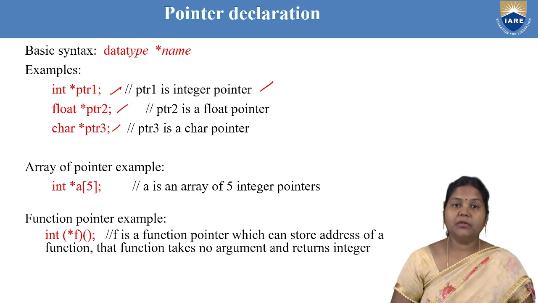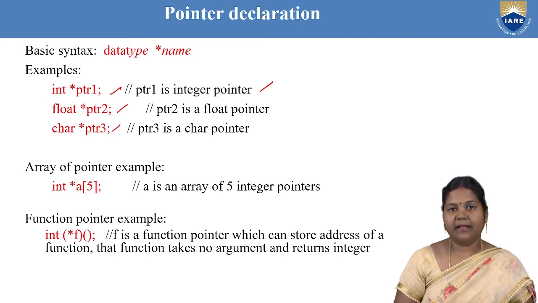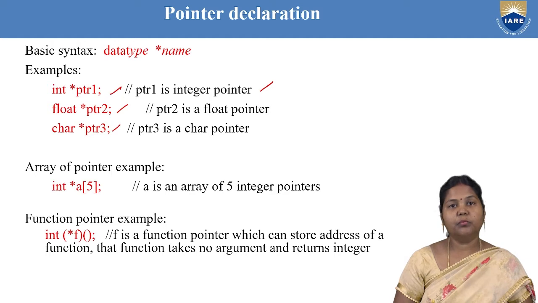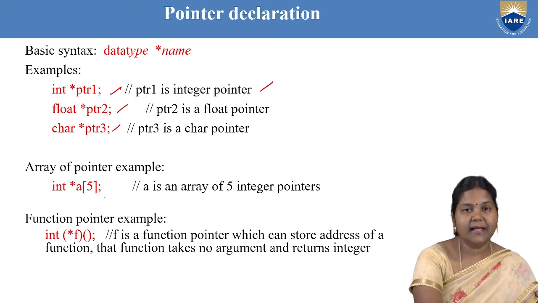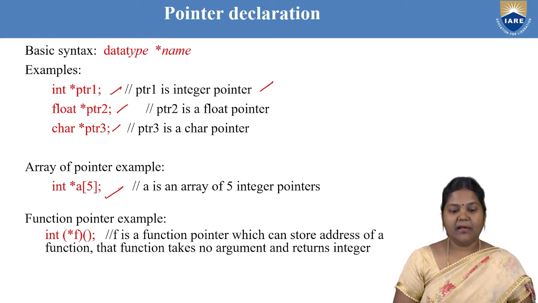Similarly, if you want to store the address of an array, so what is an array? An array is a collection of homogeneous data types. Suppose we have an array of integers, an array of characters, an array of floating point values. If you want to store the address of that array in a pointer, then you can declare like this: integer star a of 5.